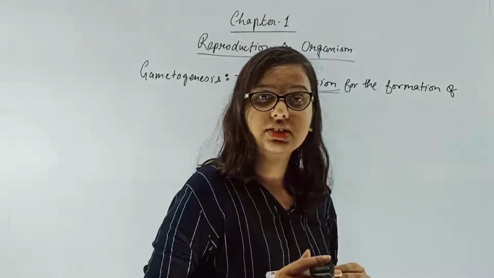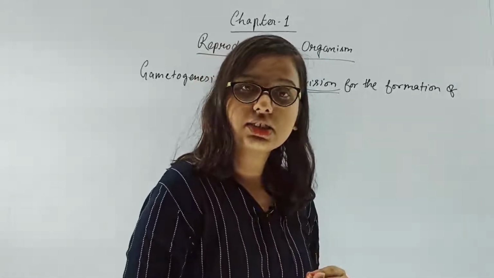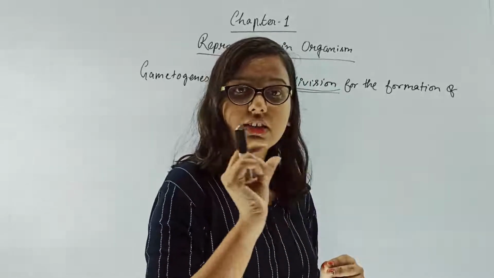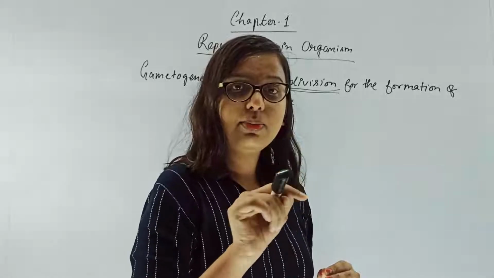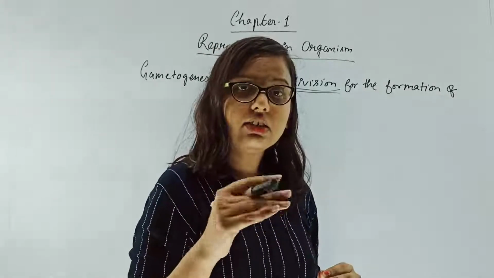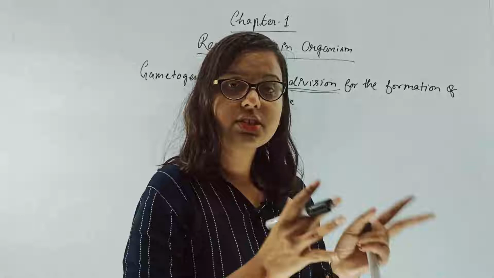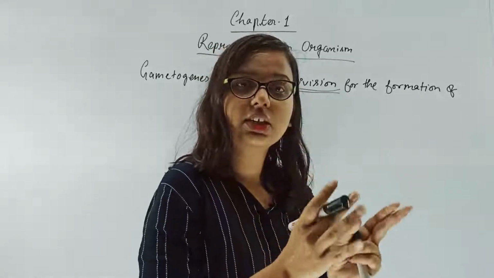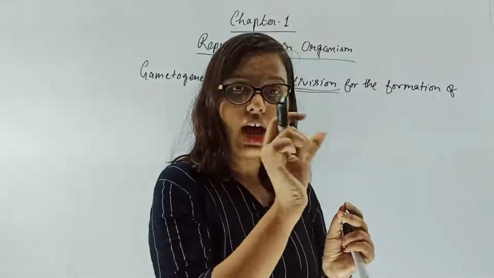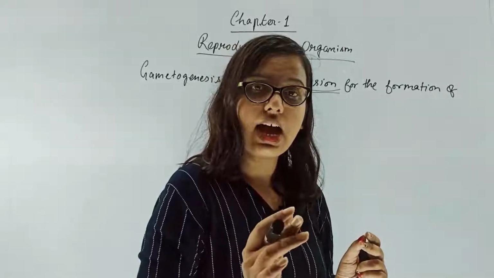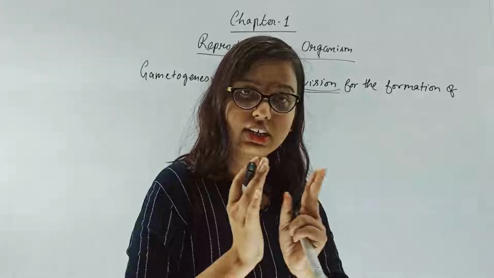When meiosis happens, then that daughter cell will contain 26 divided by 2, means 13 chromosomes. So meiosis means reduction division. Reduction in what? Reduction in the total number of chromosomes. So the total number of chromosomes becomes half in case of meiotic division.